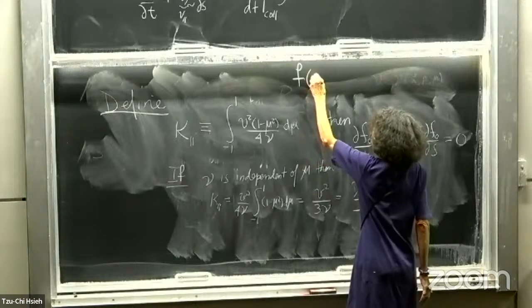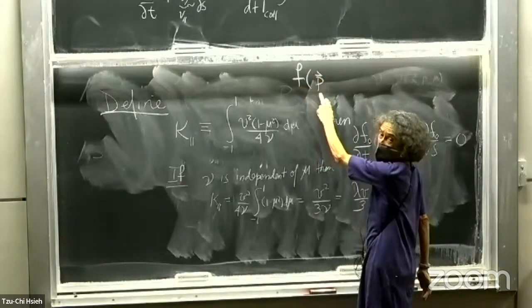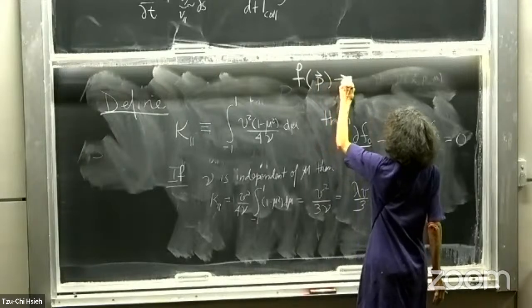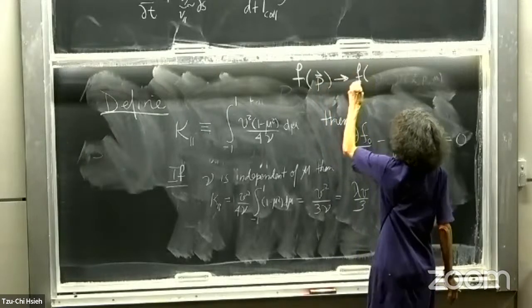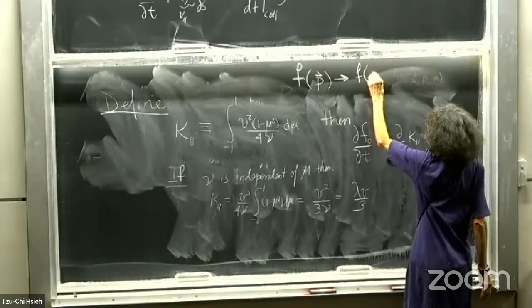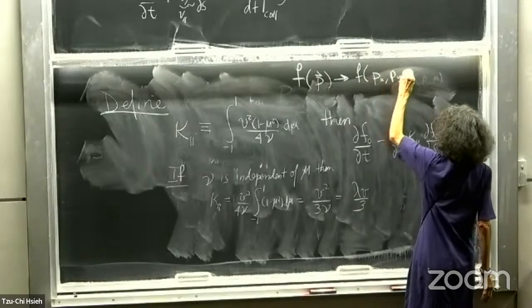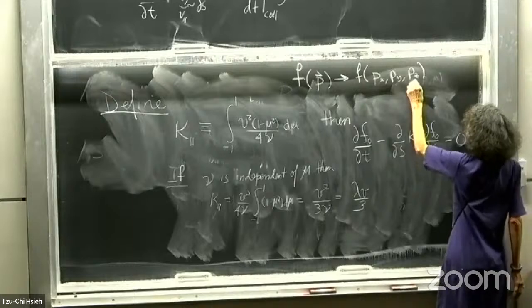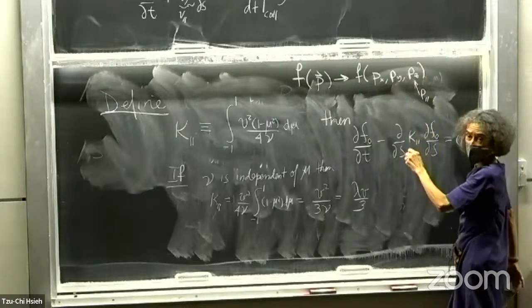Okay, so we start with vector momentum. We can write that as all three components, Px, Py, and Pz, and let's say that Pz is the parallel component.